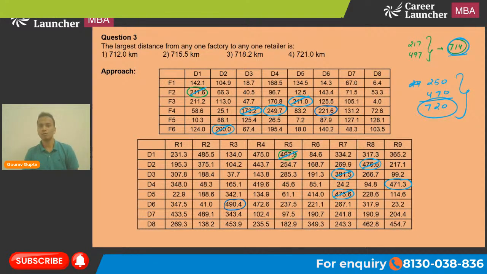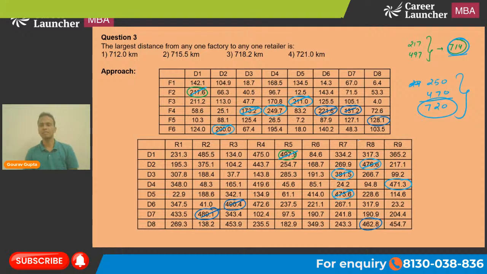We are getting some closer numbers. Now D7 largest value is 131 and D7 largest value is 489, will not add up to a number which is more than 720. Last D8, largest number is 128, and here the largest number, no, I will not get any sum which is even closer than that.